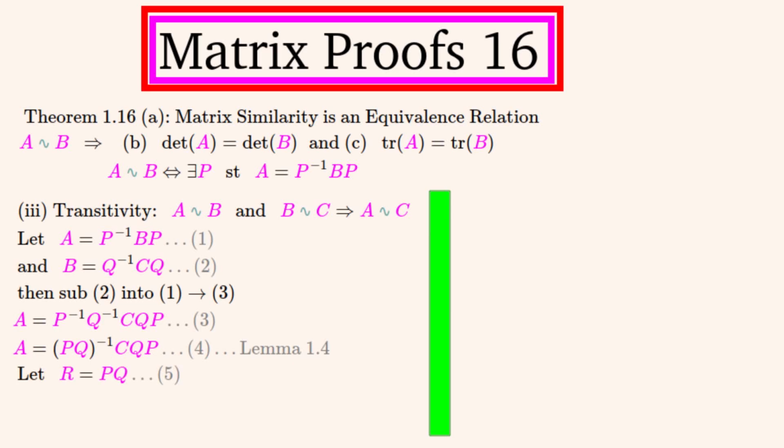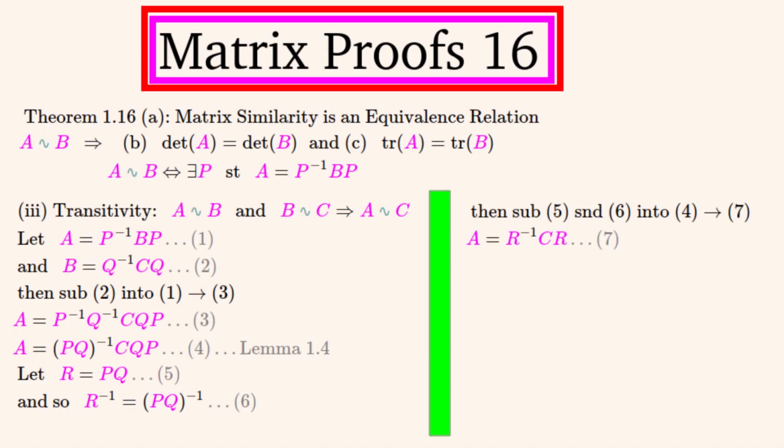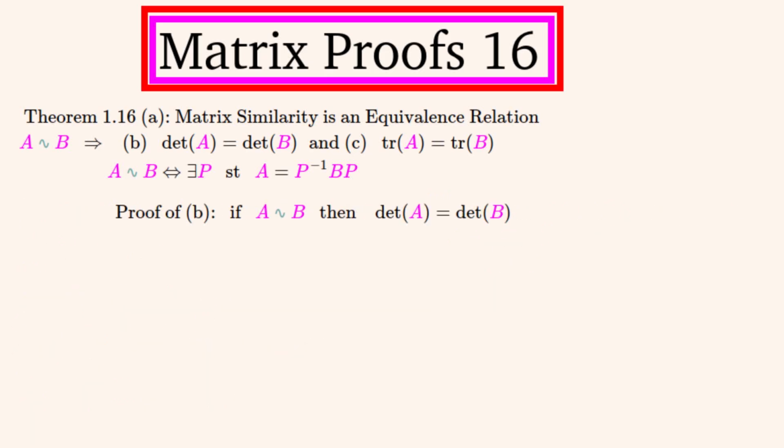We can set matrix R to be this, and so the inverse of R is equal to this. We can then make this substitution so that A is in the form of being similar to C. And then we can write this down. A is similar to C. So we've proven transitivity. So matrix similarity is an equivalence relation.